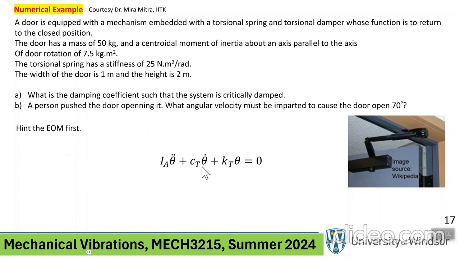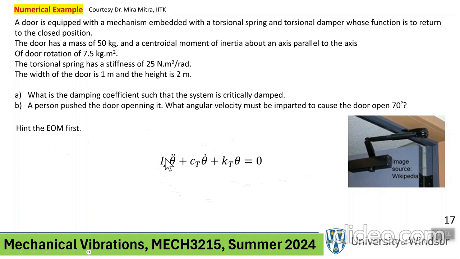So this is the mother of all equations, where instead of x, I'm using the variable theta to remind you that you're interested in the angular position of the door, and therefore theta double dot, and theta. And in front of theta double dot, because these are angles, from your dynamics class, you don't multiply that by m, the mass of the door. You multiply it by the mass moment of inertia about the axis of rotation.